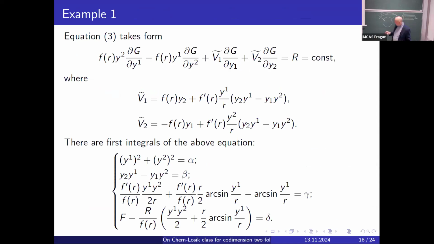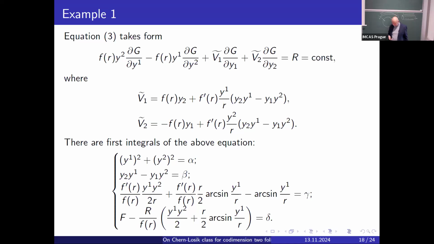So this is our equation in this case with vector fields. We explicitly see these vector fields. And for this vector field, because of this rotational symmetry, we have the full number of integrals.